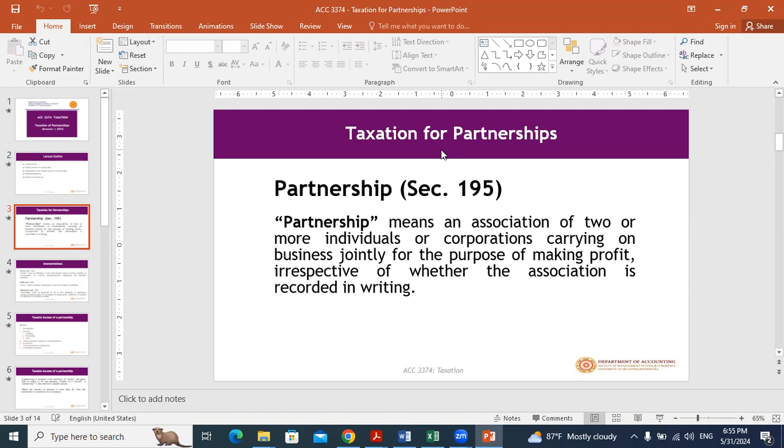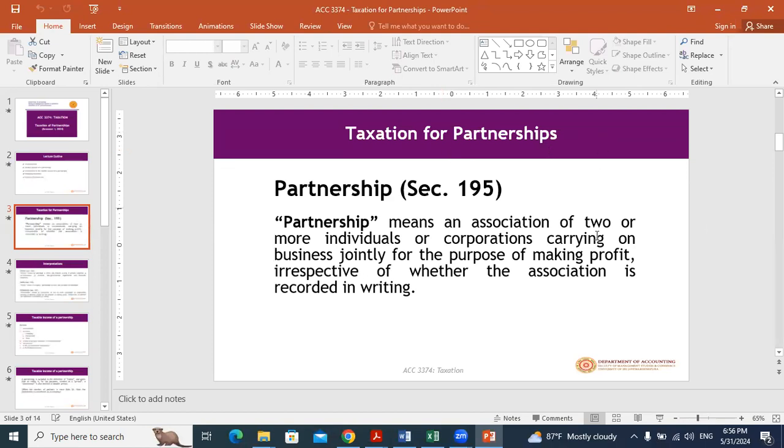So what you should understand here is that there could be partners, Mr. A and Mr. B are partners. Sometimes Mr. A and XYZ company would create a partnership. That is also available. An individual and some other entity get together and form a partnership.